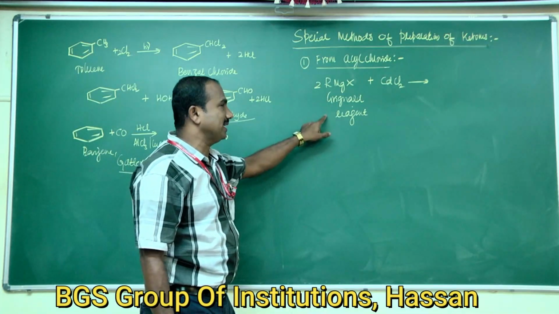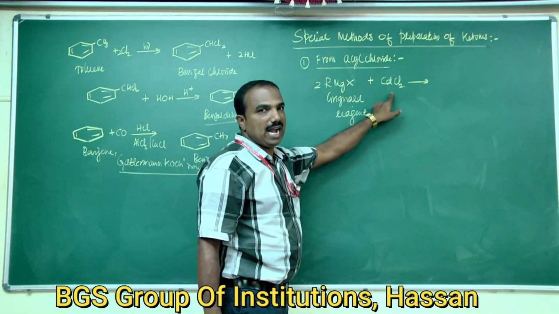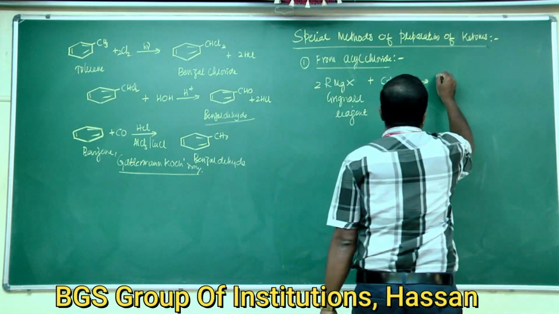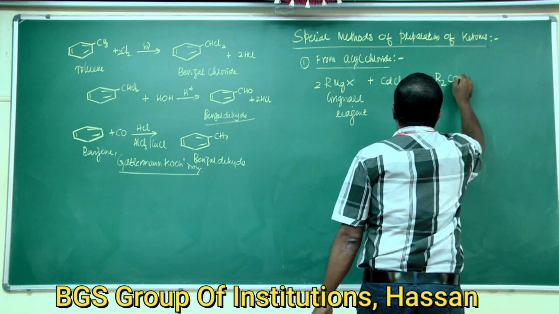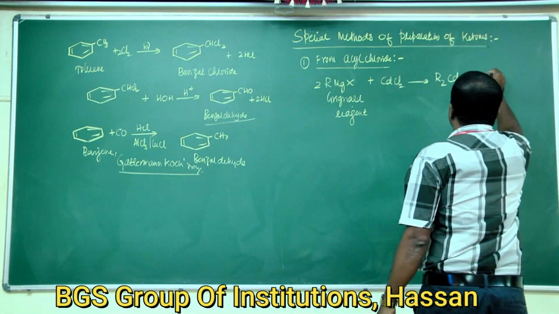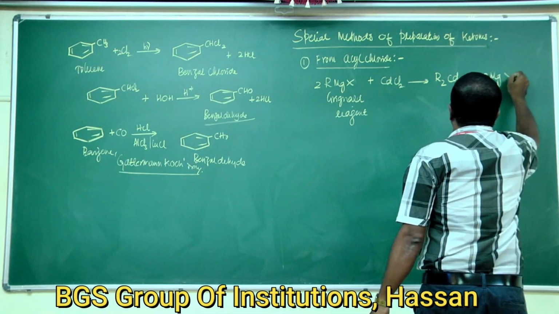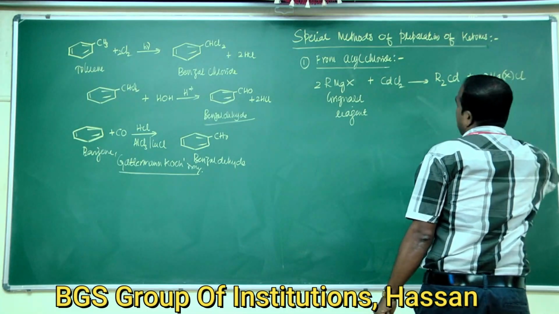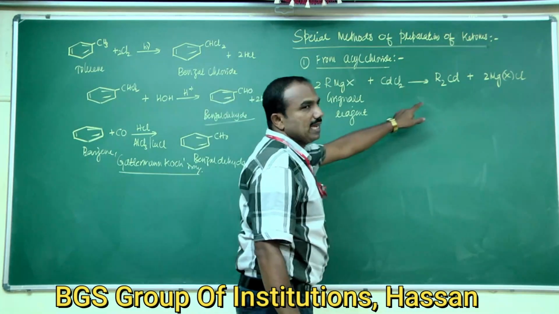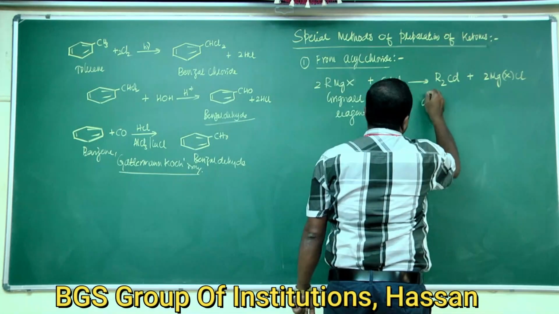It is treated with cadmium chloride, and we get dialkyl cadmium, R2Cd, plus 2MgXCl as the addition product.